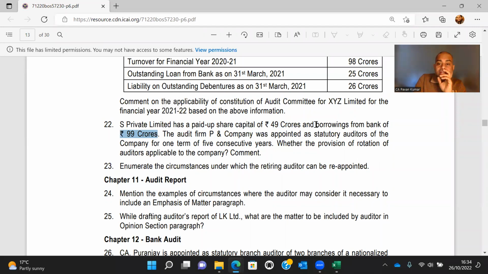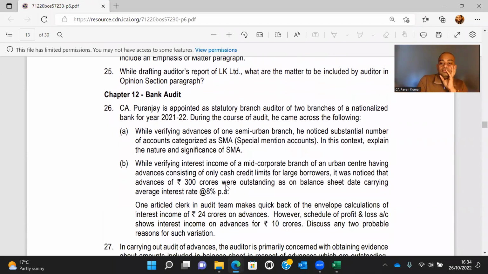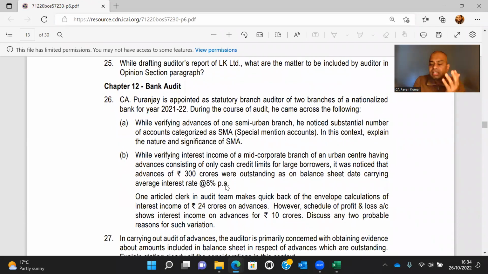Now you tell me, looking at borrowings from bank 99 crores, whether rotation of auditor is applicable. Yes, full stop. Faisal is asking why?